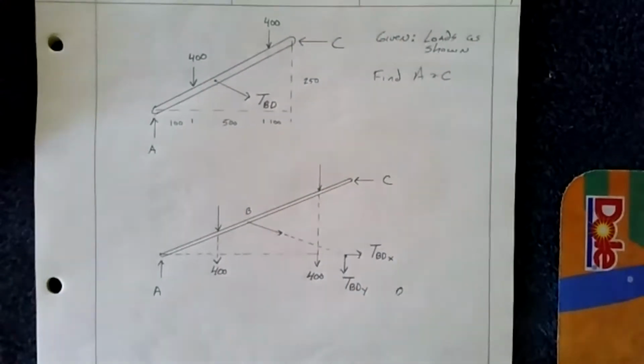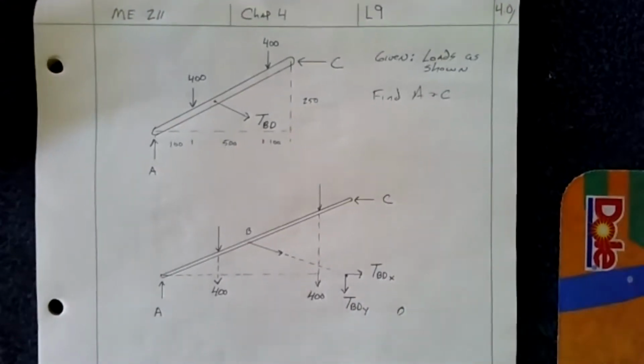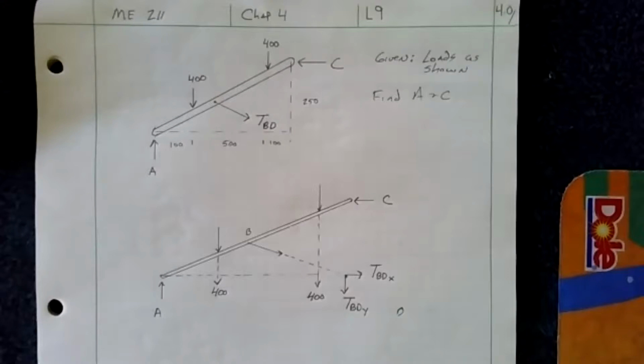Now, one of the things in order to solve this is, as we think about this problem, if we go ahead and sum our moments about a particular point, then we're going to end up with too many unknowns.